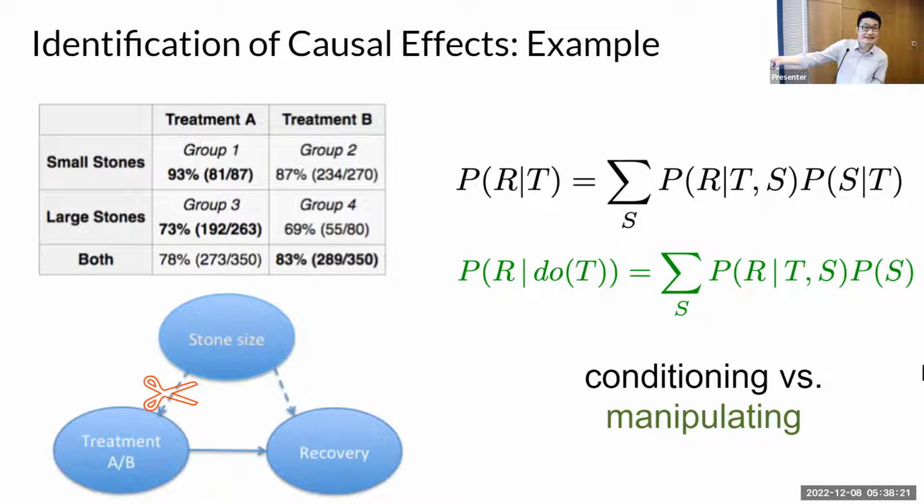That's why I have this link. And that's also why I said that stone size is a common cause for treatment and recovery. Okay. So now, given this, is there an answer to your question?